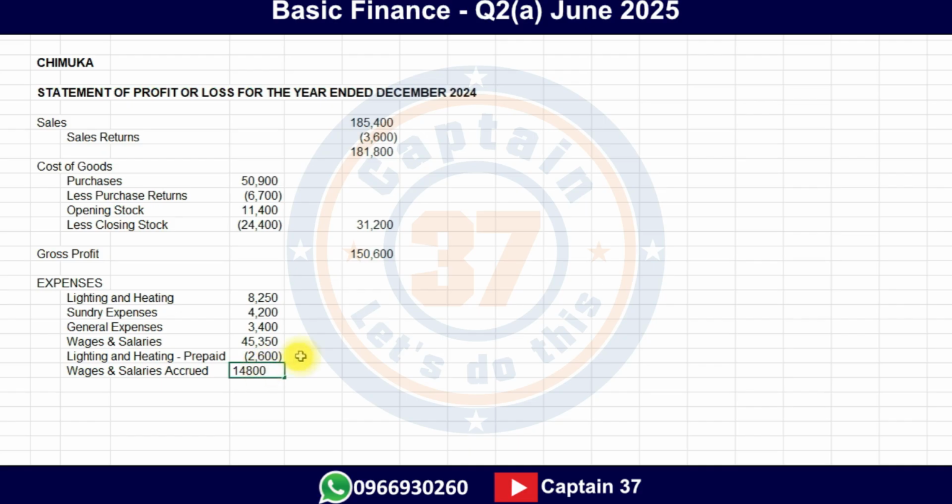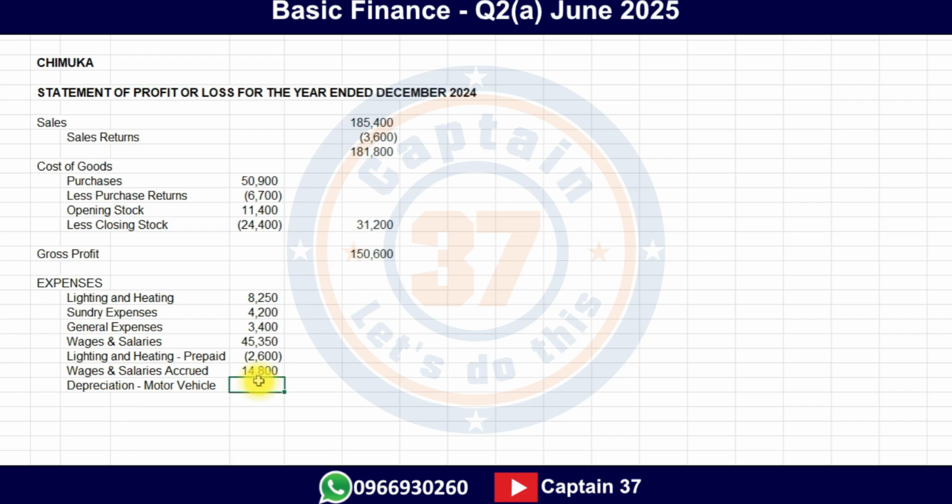14800. Is that it? No, this is not it. Why? Because there is depreciation. We are told that the motor vehicle depreciated at 20%. So we are going to write depreciation, motor vehicle, 20%. 20% of how much?